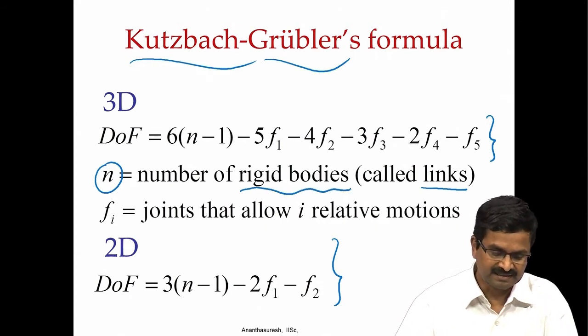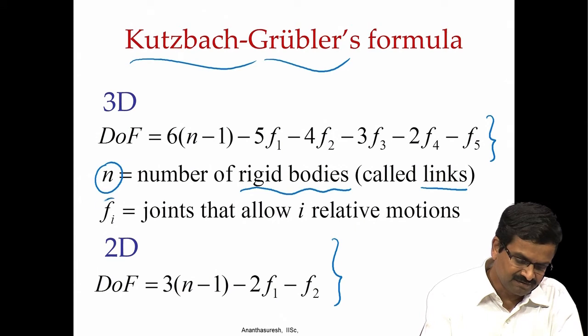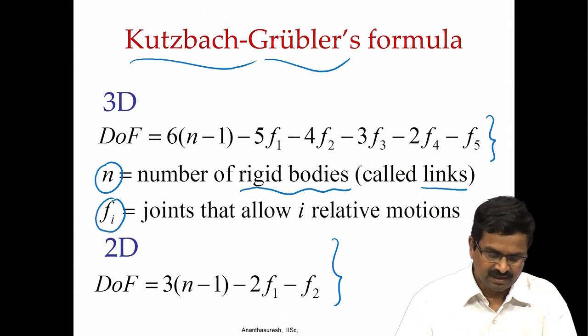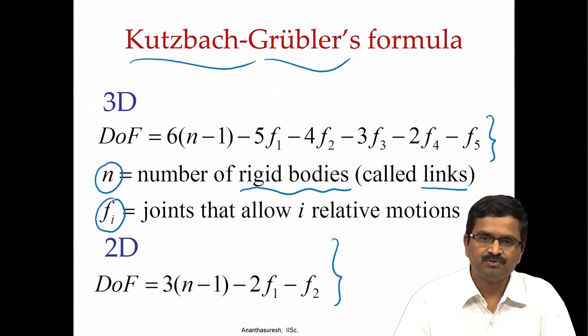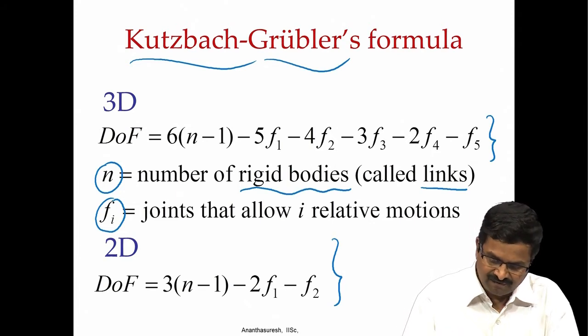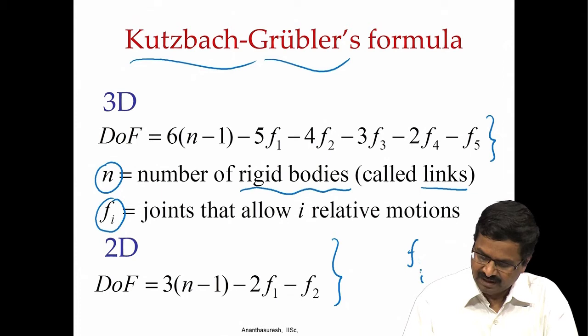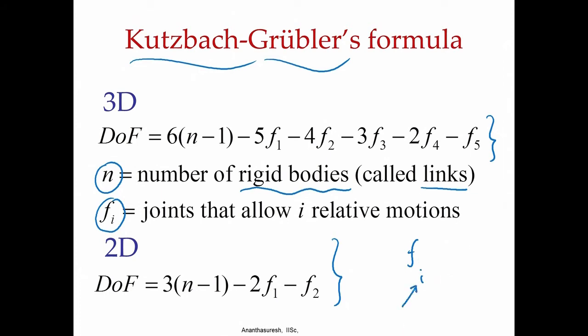Fi is the number of joints that allow i relative motions between the two bodies they connect. So, every joint connects two rigid bodies, and Fi indicates the number of relative freedoms that this joint allows between the two bodies it connects.